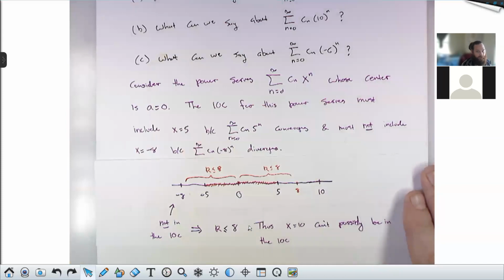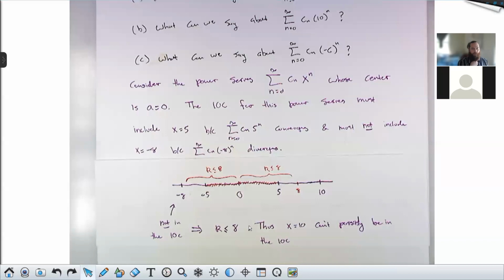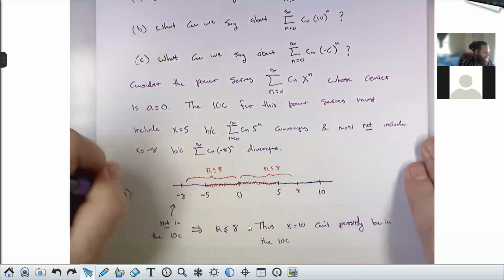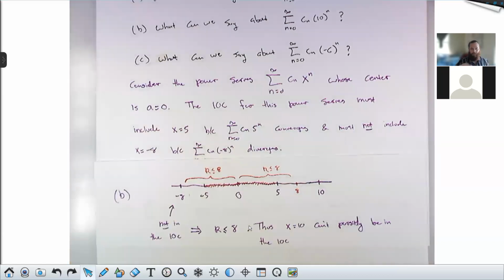So 10 can't possibly be in the IOC. So this is the solution for part B. I think this is fun because there's zero calculation here, right? All I'm doing is thinking about the possible intervals of convergence for this power series.